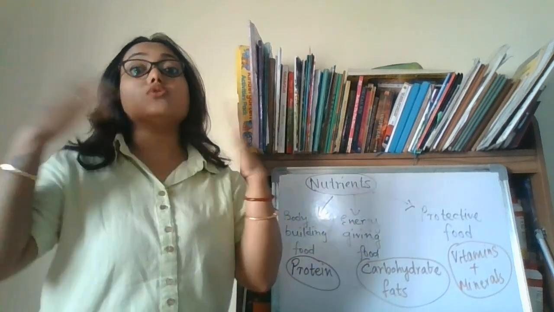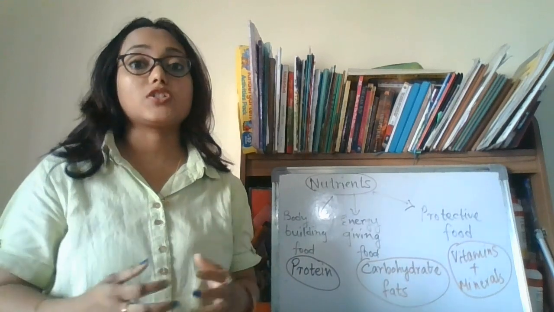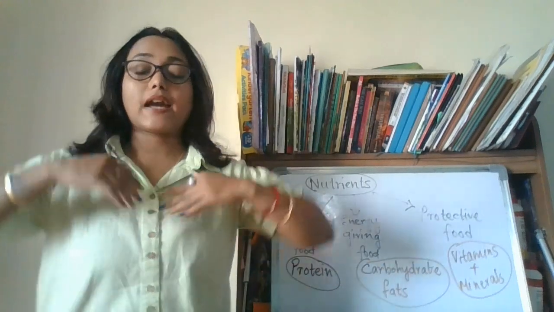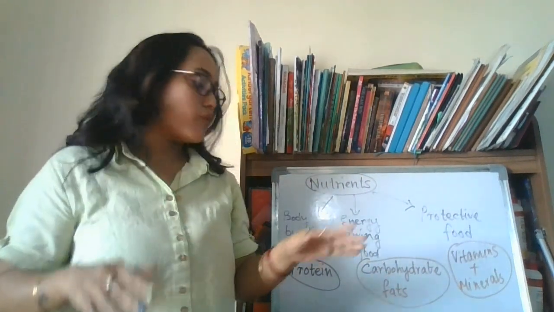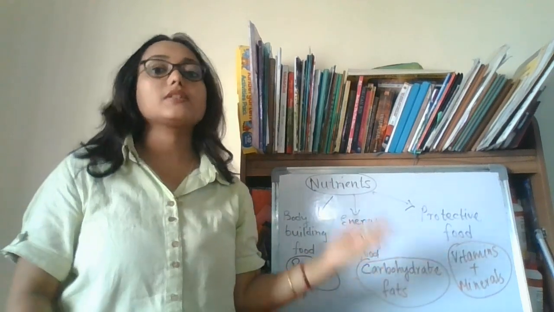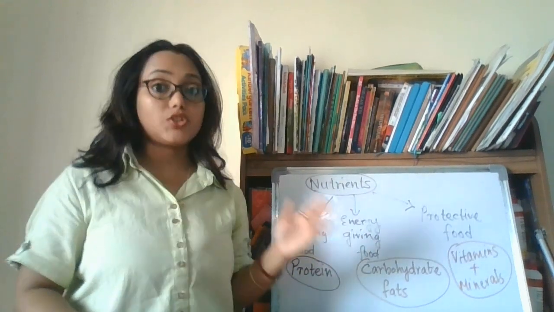So if we get too much energy which we cannot consume, our body cannot digest it. And too much fat, oil, ghee, butter will make us obese, right? So we need to avoid much fat, but we need to put more carbohydrate in our diet. Got it?